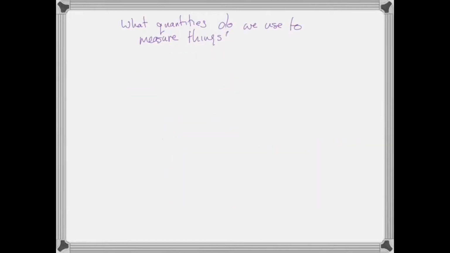What quantities do we use to measure things? What I mean by that is what are the different units that we use to measure things, right? How do we measure them? Like, for instance, if I want to measure the amount of energy in a snack, right? Calories, or the amount of energy in a moving object, also calories, but we often use joules.